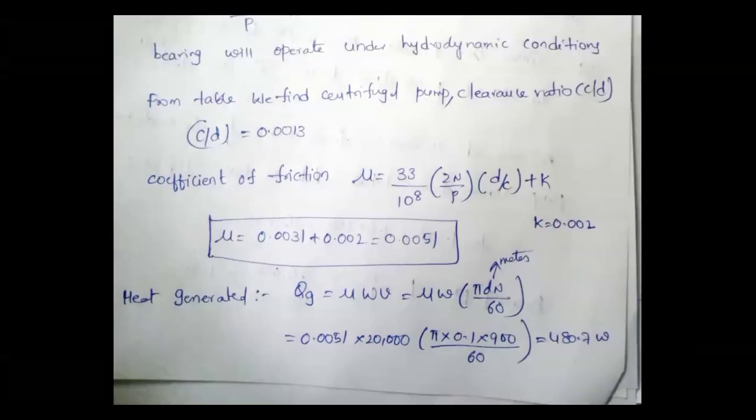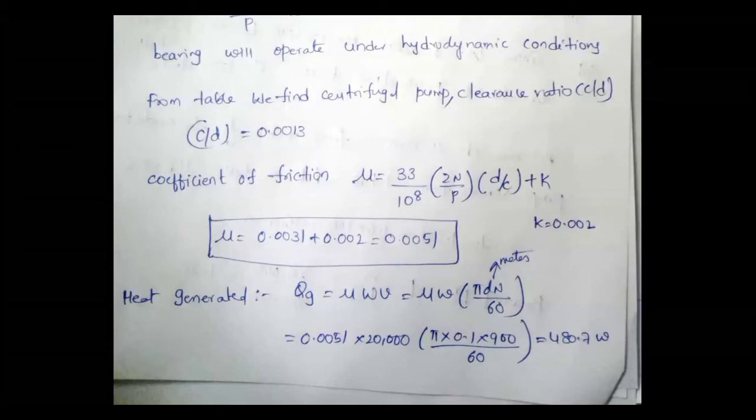Now the question is, as I already told you, whether artificial cooling is required or not. In order to estimate that, simply calculate the amount of heat generated. I already provided the formula: Qg equal to mu into W into V. The coefficient of friction mu value is already calculated, 0.0051, W is the load 20,000, and V is the rubbing velocity in meters per second.